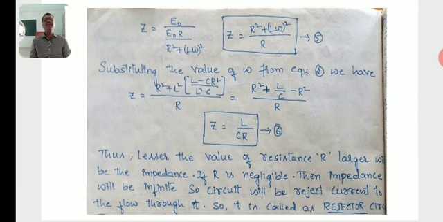That means if R is very small, then Z is large; as R decreases, the impedance goes on increasing. If R is negligible, then Z becomes infinite. The circuit which does not allow the current under this condition is called a rejector circuit.